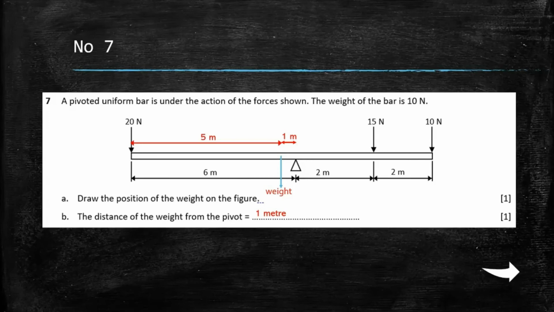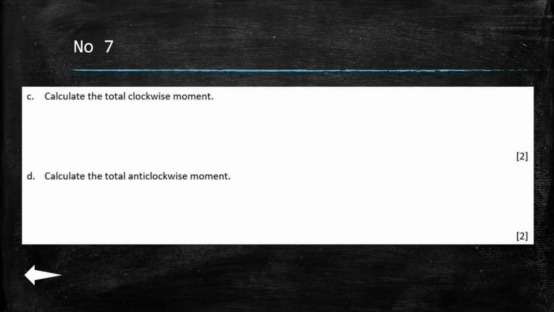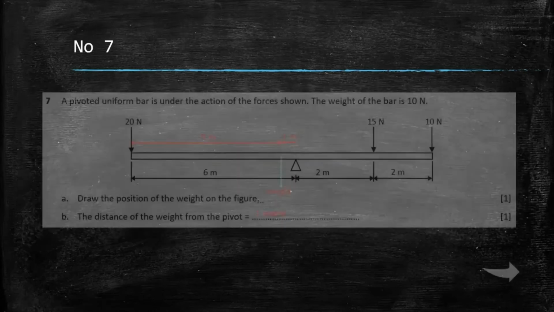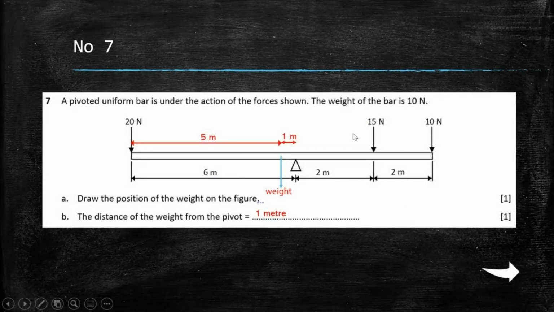Number 7c, calculate the total clockwise moment. We have to go back to the figure to see which forces produce clockwise moment. The 15 Newton force and the 10 Newton force both will produce clockwise moment.